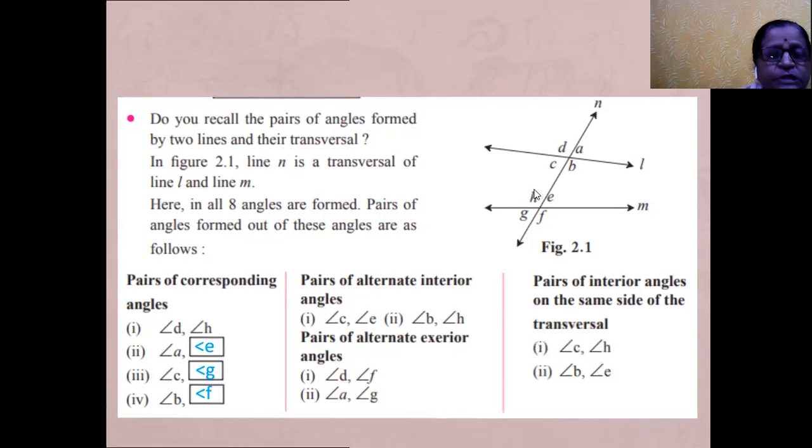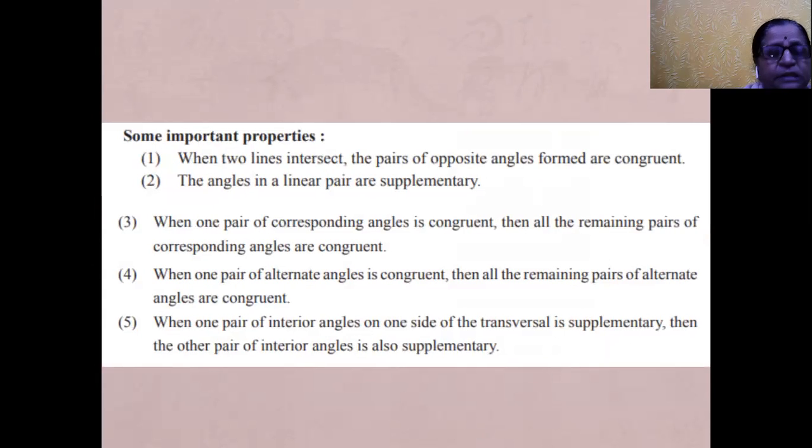Next, we are going to study some properties that we will use. When two lines intersect, the pairs of opposite angles formed are congruent. The next property is that the angles in a linear pair are supplementary. Supplementary means 180 degrees. The next property is that when one pair of corresponding angles is congruent, then all remaining pairs of corresponding angles are congruent.